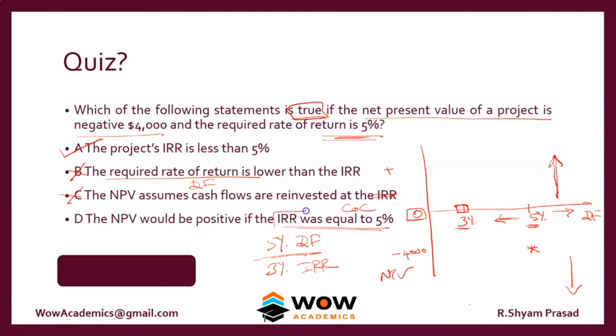If IRR is equal to 5%, then NPV would be 0, because at any point of IRR, whether it's 5%, 10%, 20% or 3%, NPV will be 0. So this is wrong. It cannot be positive. It is 0. So the answer should be A.